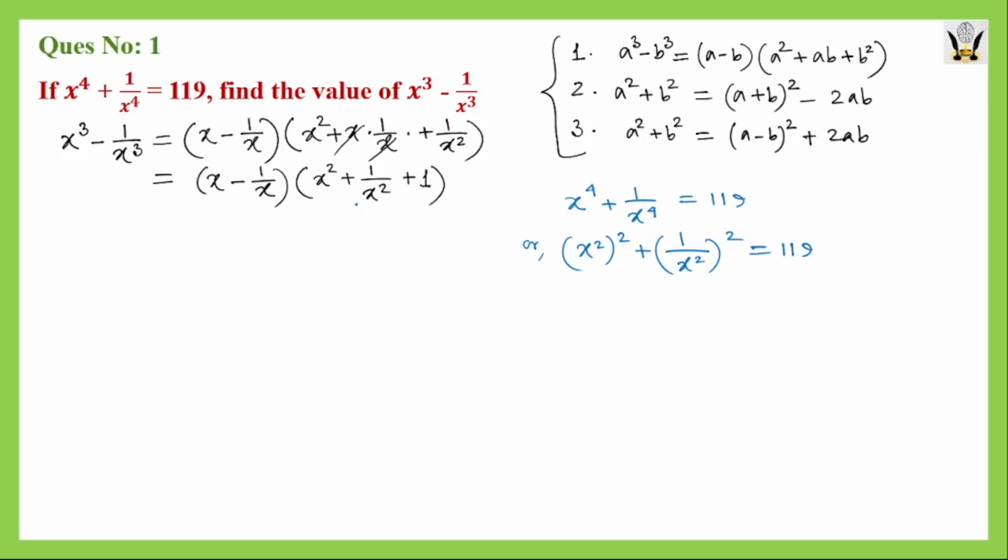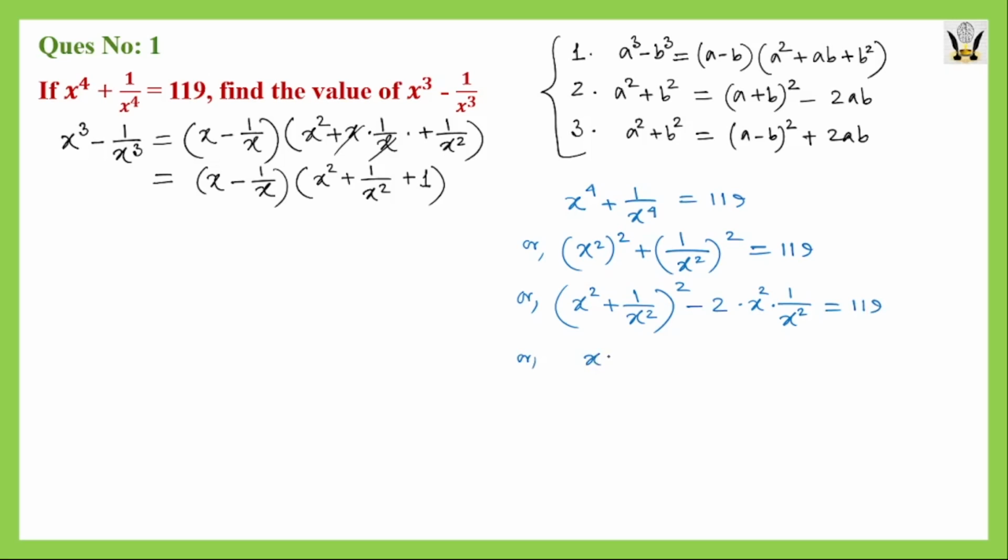Now since in this factor we need to get the value of x square plus 1 by x square, we will use the second identity. So as per the second identity, x square plus 1 by x square means a plus b, and then whole square minus 2ab, so minus 2 x square and then 1 by x square, and that will be equal to 119.